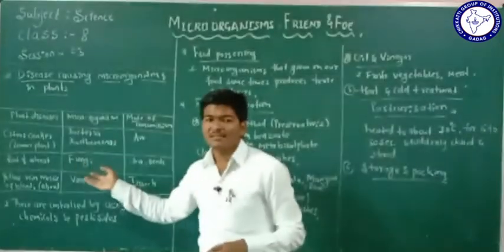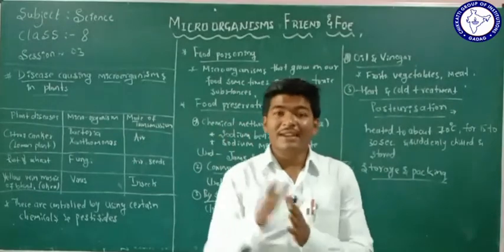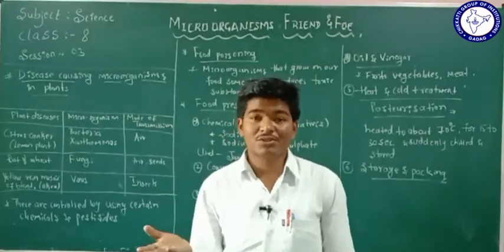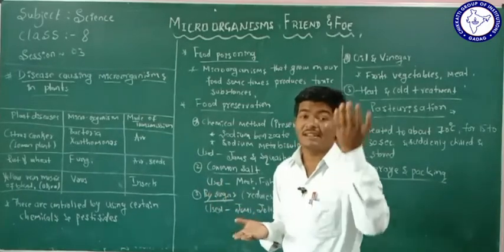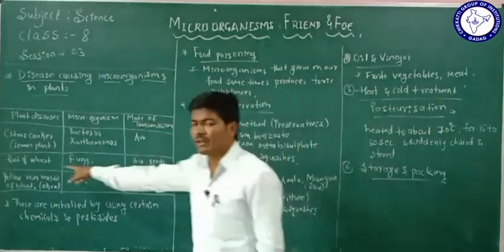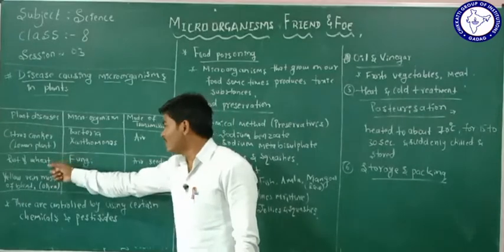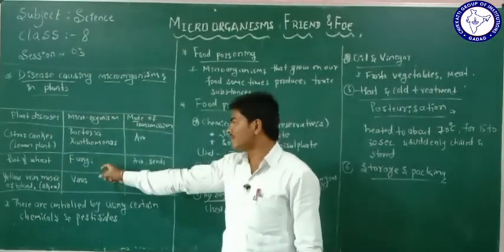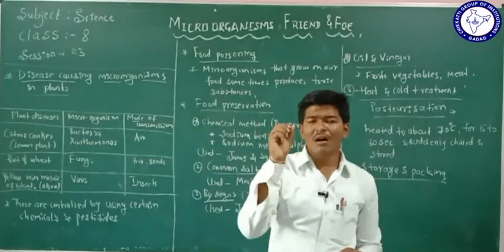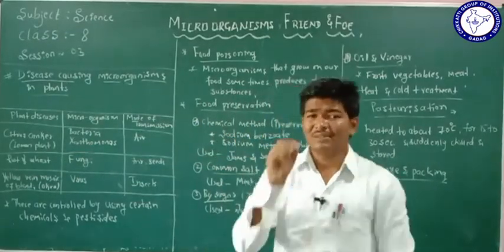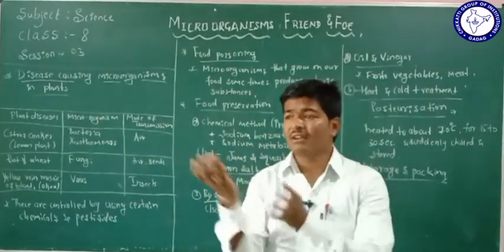What does it cause? It decreases the yield of the wheat. Have you understood? It is caused by the microorganism fungi. What are the characteristics of this rust of wheat? Small brown color dots are present on the leaves.